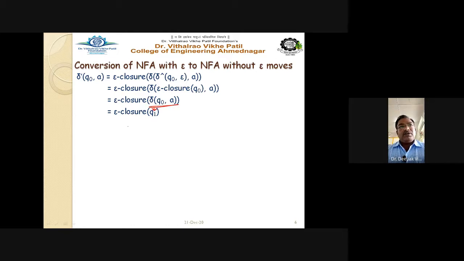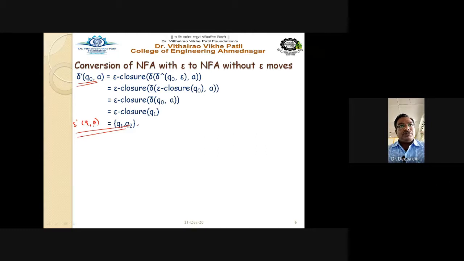Now, what is the ε-closure of Q1? We have already written it: it is nothing but Q1, Q2. So this is the answer for this particular transition: δ'(Q0, A) = {Q1, Q2}.